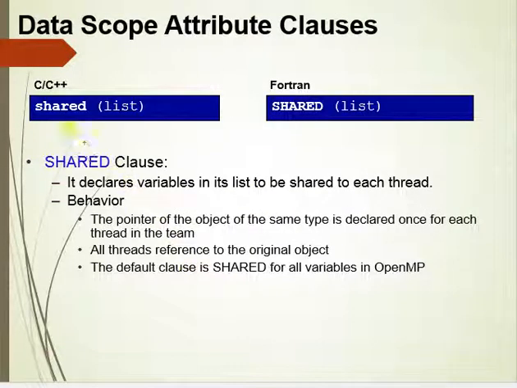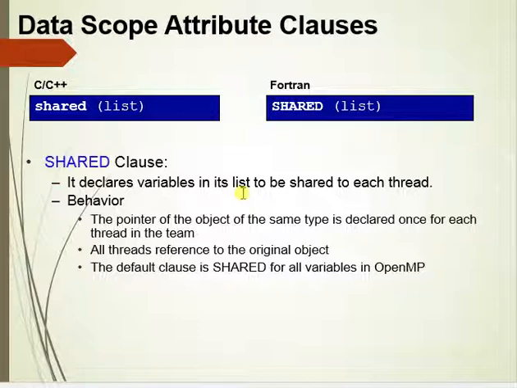This is how the shared keyword is used in C or C++. It is written in lowercase as shared list. In Fortran, it is written in uppercase. The shared clause declares the variables in its list to be shared among threads.